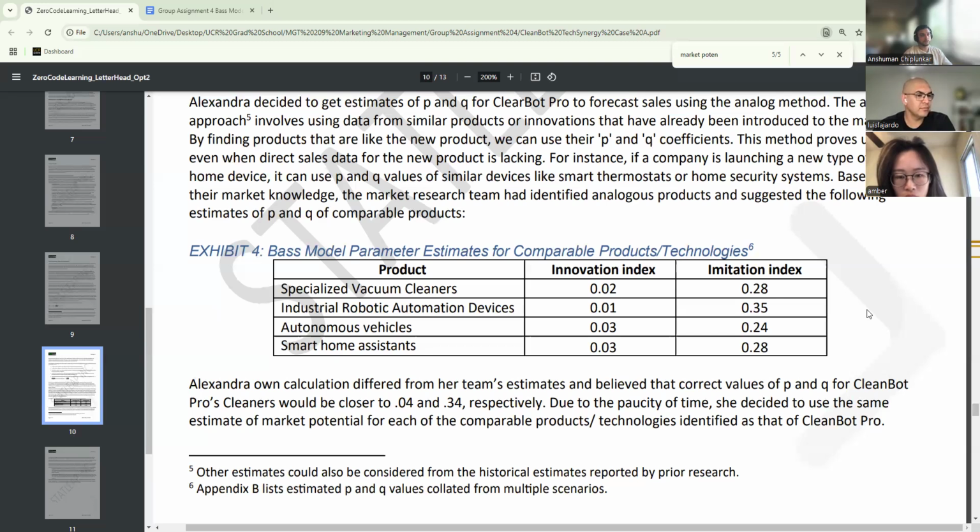And these innovation and imitation indexes that they have, these are not estimates. These are actually data that they've collected over the last 5 or 10 time cycles, whether that's a year, months, or whatever. So this is truthfully their actual indexes, what's happening in their company. The difference between them and us is that they have their product on the market. We don't have our product on the market.